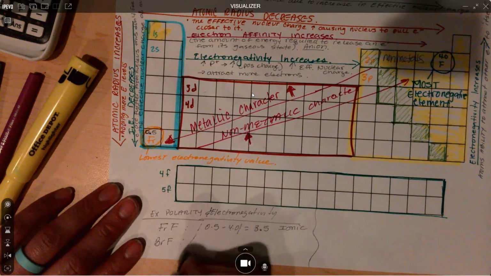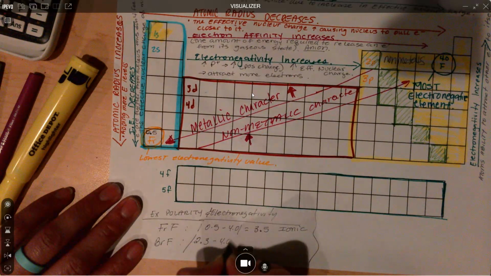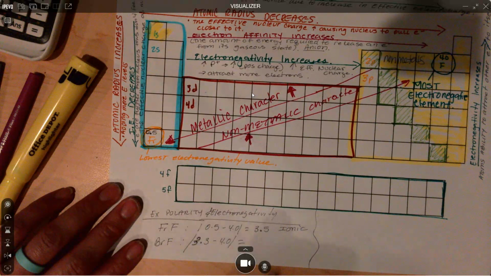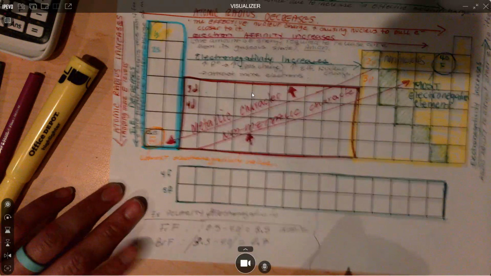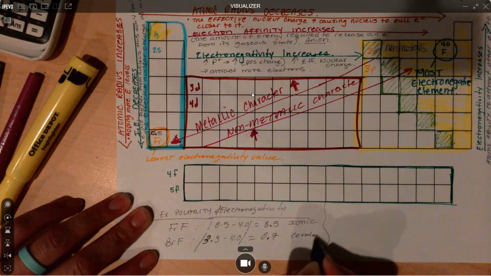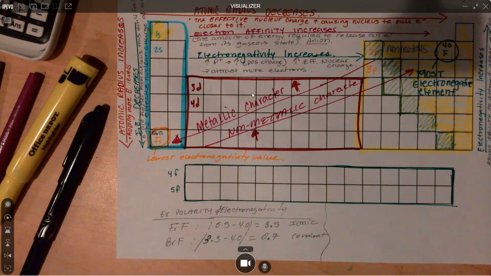Right, so bromine has an electronegativity of about 3.3, minus this 4.0, which gives us an electronegativity difference of 0.7. This is not ionic, it is covalent. And the way that they share their electrons is almost equally, because it has such a low electronegativity difference in value, right?